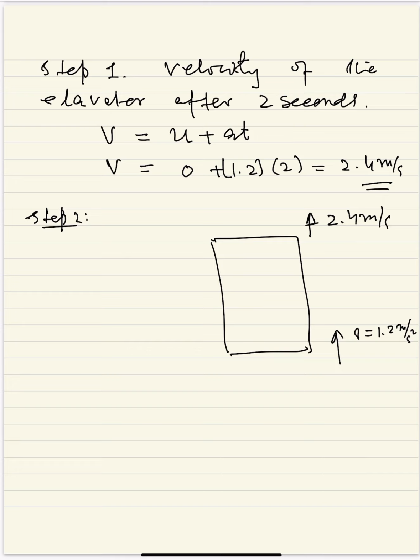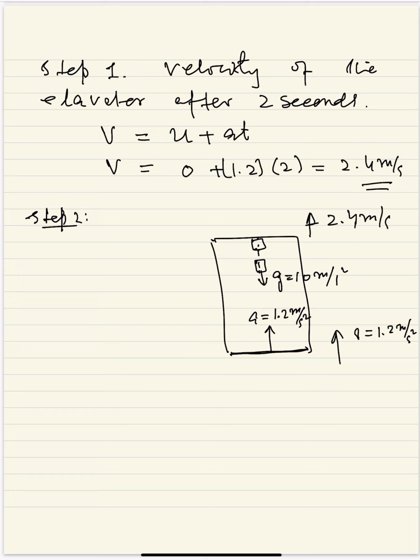And at this time, after 2 seconds, when the velocity of the elevator is 2.4 meter per second, this bolt detaches and starts falling in space within the elevator with free acceleration g, free fall acceleration. But the base of the elevator is accelerating upwards by a equal to 1.2 meter per second square. g may be taken as 10 meter per second square.